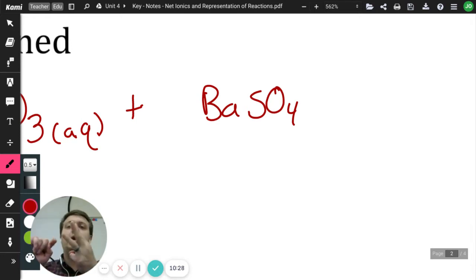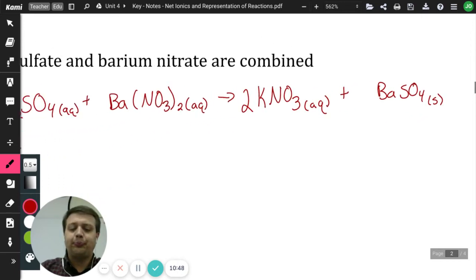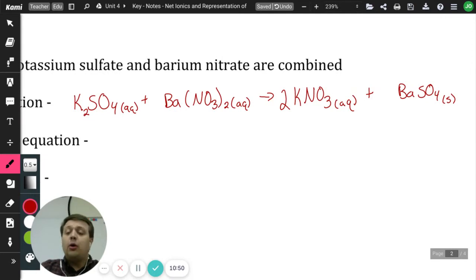No. Any chloride, bromide, or iodide? No. Any sulfates? Yes. Sulfates are soluble unless they're paired up with silver, lead, mercury 1, calcium, strontium, or barium. It is paired up with barium, which means it is insoluble. So we would put that as S, a solid. Okay, so now we've got our complete balanced equation, that complete balanced reaction.